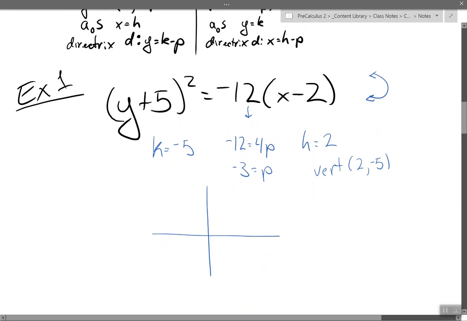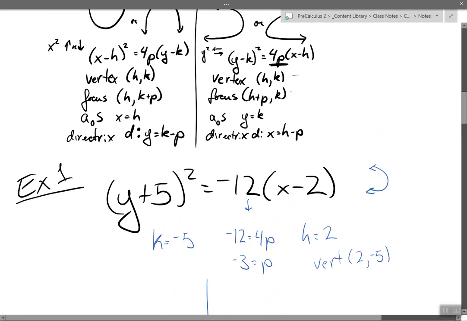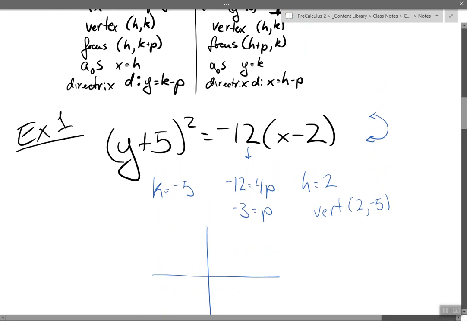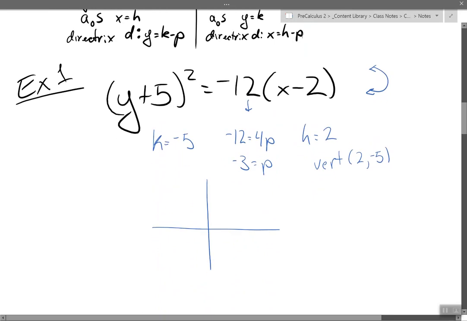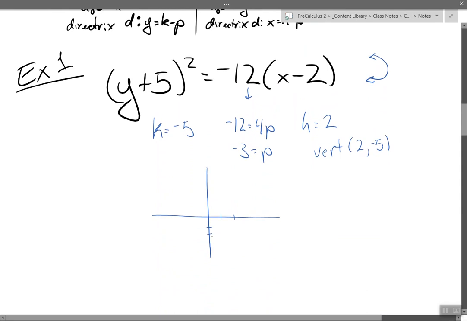I would really suggest writing out all of the information as we have it right here. So these 4 pieces, write that out every time so you know what you're doing, you know what you're graphing, and that way it's easy to see what you've done. So we go to 2, and then negative 5, and that is our vertex.